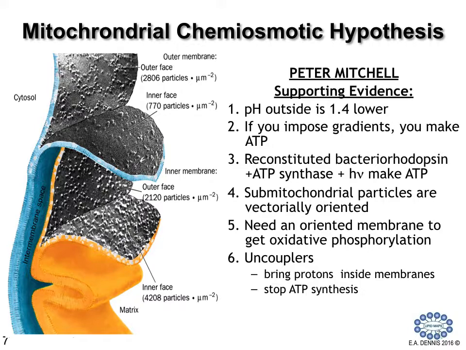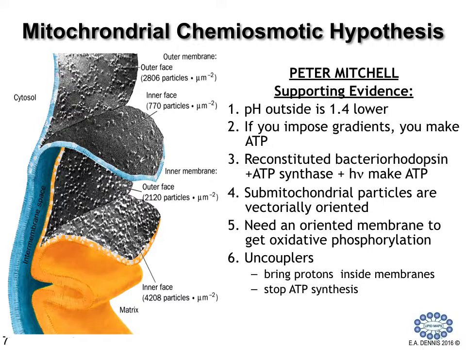And I'd like to just summarize those. First, if you measure the pH on the outside of a mitochondria versus inside, there is a pH difference, and it is lower outside, consistent with a gradient of protons that are sent outside the mitochondria. Second, if you take a mitochondria and you impose a gradient by external sources, you can make ATP.